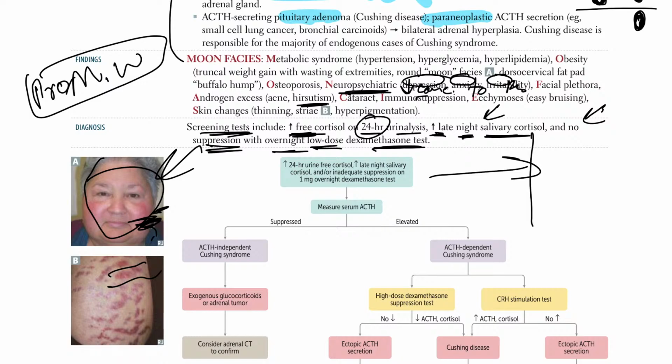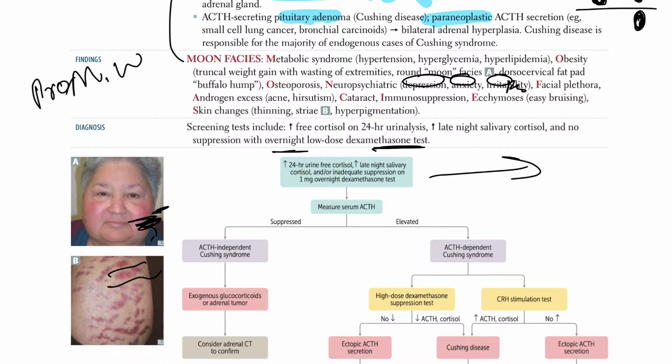Okay, simple as that. The simplest one that you look for is your increased late night salivary cortisol, and you don't suppress with overnight low dose dexamethasone test.